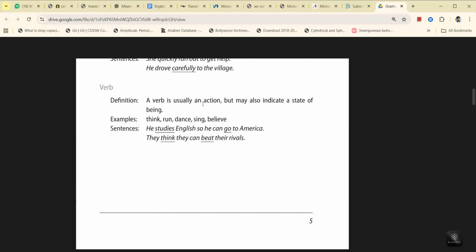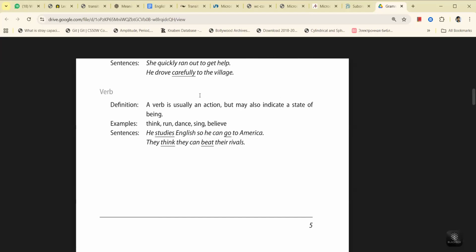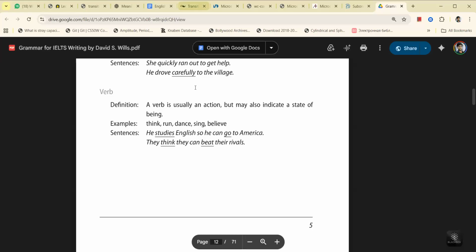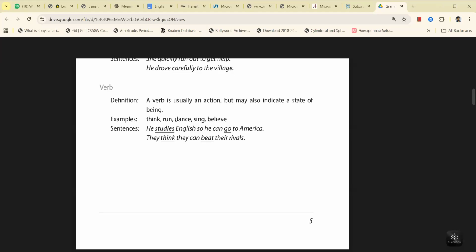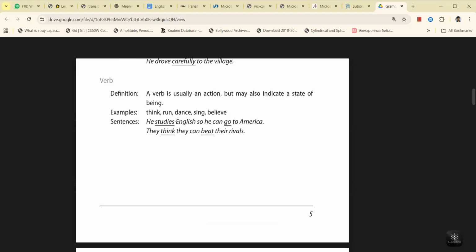Now verb. A verb is usually an action but may also indicate a state of being. So verb is used for action, but sometimes it's also used to describe a state of being. For example, think, run, dance, believe. In sentences: he studies English so he can go to America.